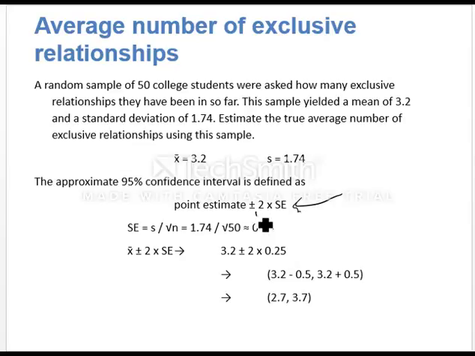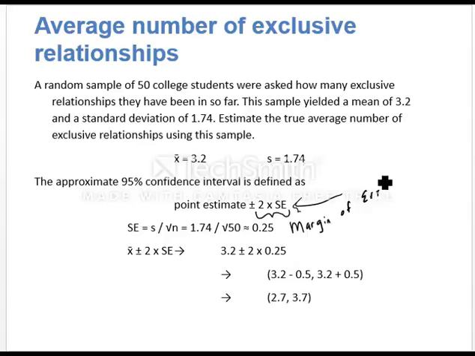So this 2 times the standard error is the margin of error, okay? And we get that by computing first the standard error and then using a 2, which is actually an approximation of the true critical value, which is based upon a standard normal distribution. But I'm skipping those details because you really don't need that for the certification exam.